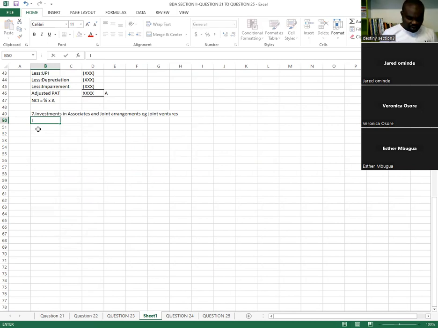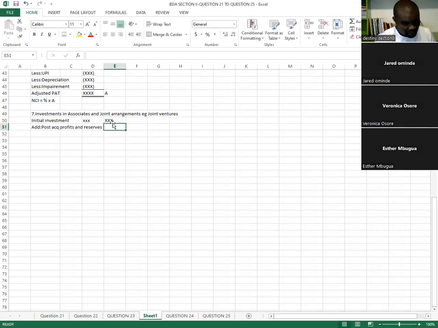So you take the initial investment, what you invested initially, you bring it here. Then you add post-acquisition profits and reserves. If there is any reserve which came after acquisition, you add them there.